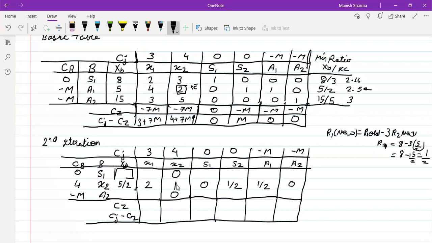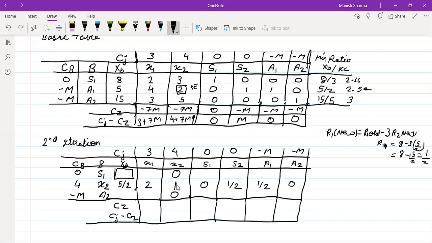I am making a square here. For this element, what is the old value? Old value is 8, correct? Yes, sir. So I have written 8 minus 3 times. What is this 3? 3 is this coefficient, because I want to make this 0, so I am making it minus 3 times R2 new.